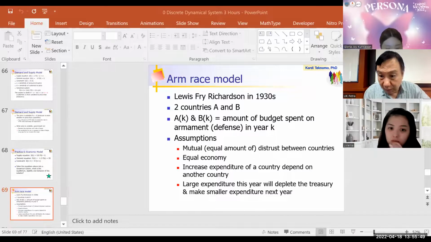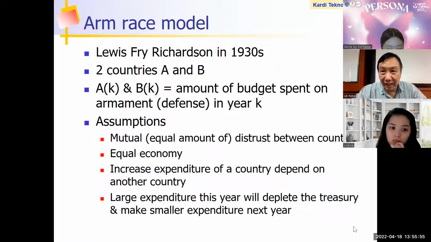Okay, let's take another example. This is the arms race model of Richardson. This is very well known, and this is the lesson from history.